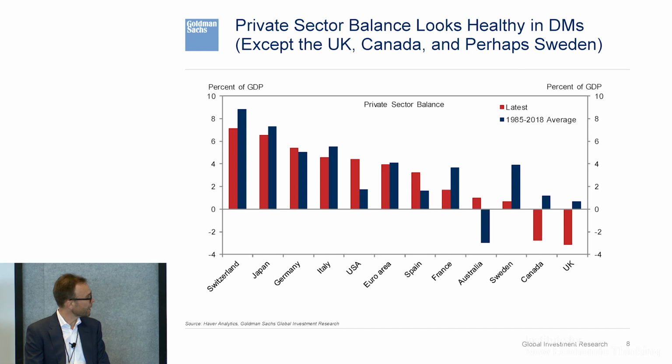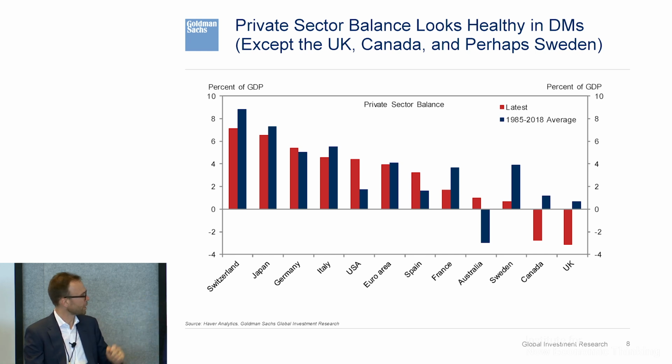Finish up just by looking at some international evidence of where we stand right now in terms of private sector balances. Mostly it's a relatively reassuring picture for the largest advanced economies, the US, the Euro area, Japan. We see sizable surpluses, generally in line with, or maybe even a little bit above, in some cases, the historical average.